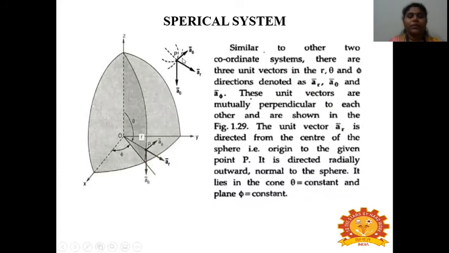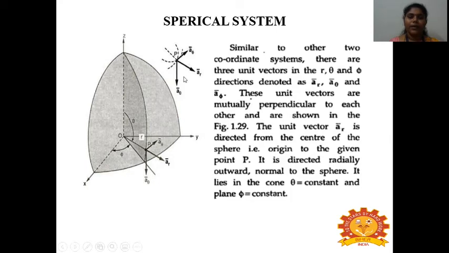Next we will see about the unit vectors. As the three axes are mutually perpendicular to each other, they each have a unit vector. The three unit vectors are denoted as a r vector, a theta vector and a phi vector. These unit vectors are mutually perpendicular to each other.